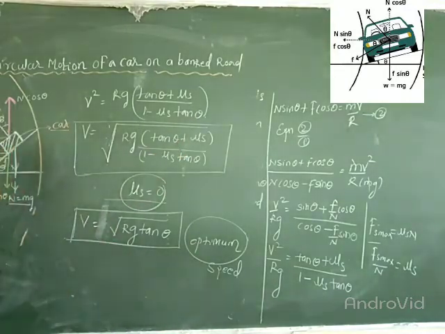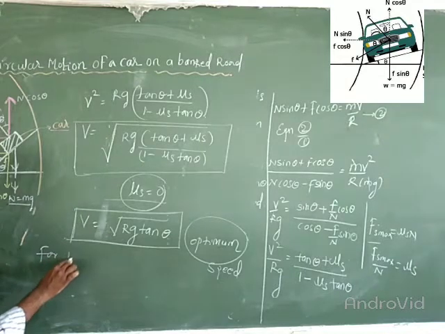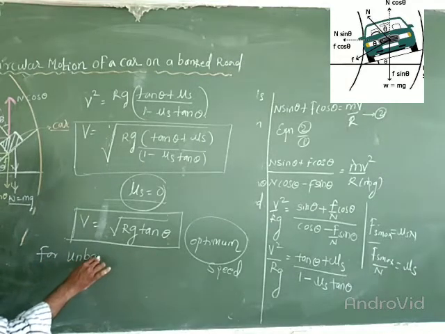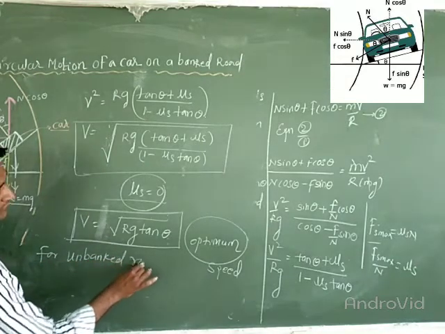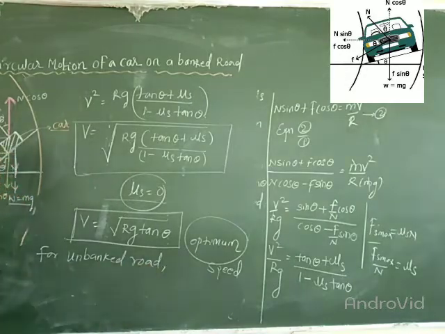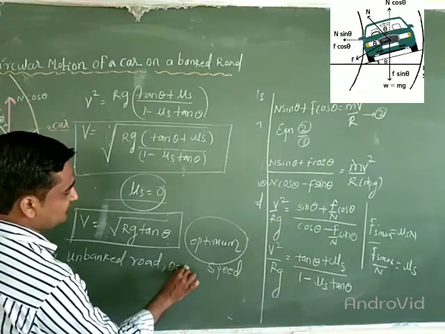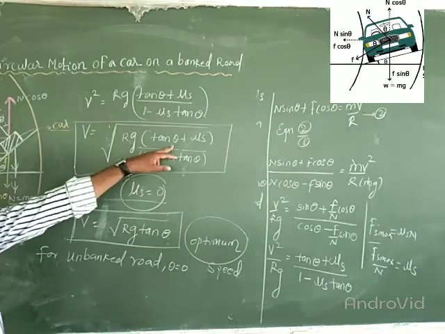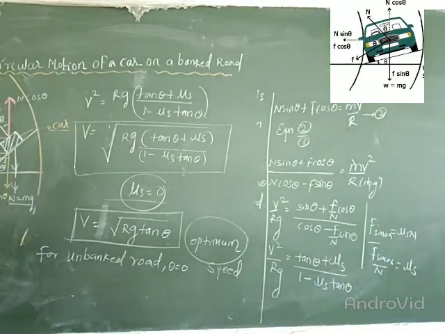So for level circular road, when the curved road is flat, that means for unbanked road, that can be obtained by theta is equal to 0. So put theta is equal to 0 in this equation. By putting theta is equal to 0, what we can get here?